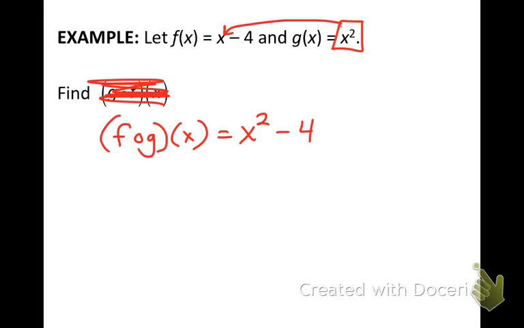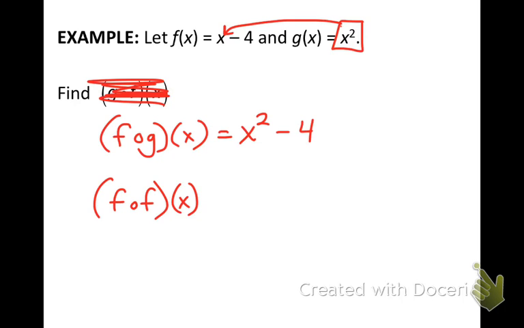What if I wanted to find f of f of x? So plug an f back into the f. What am I going to put in place of this x?